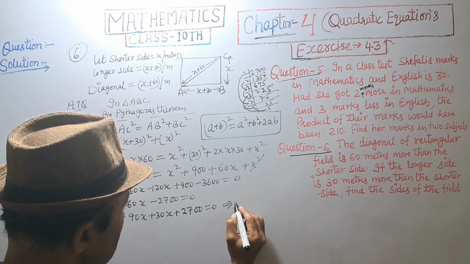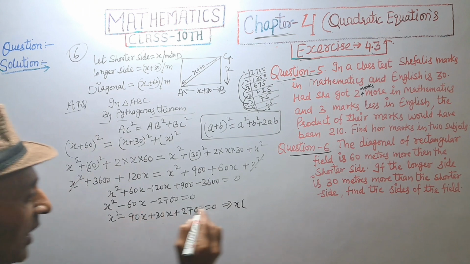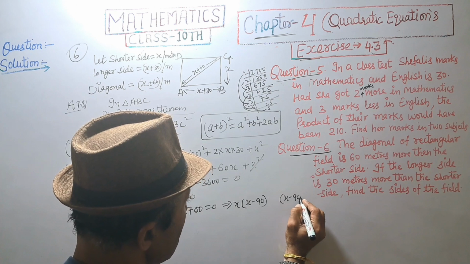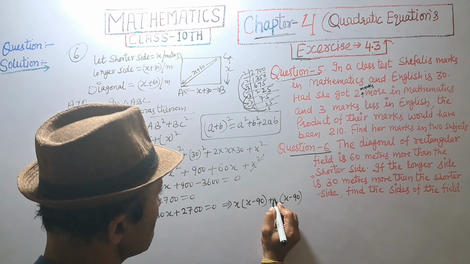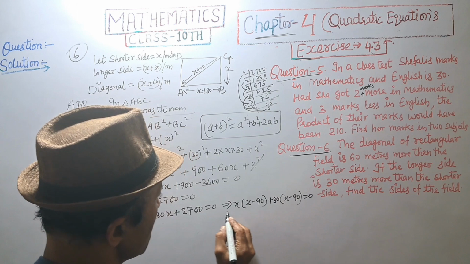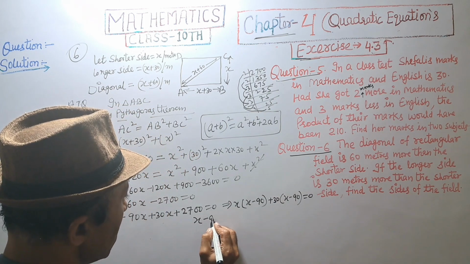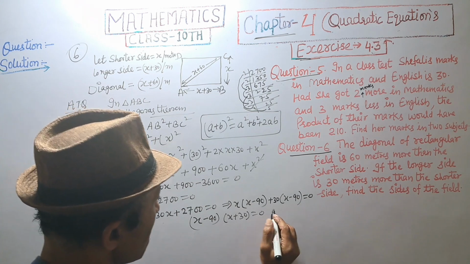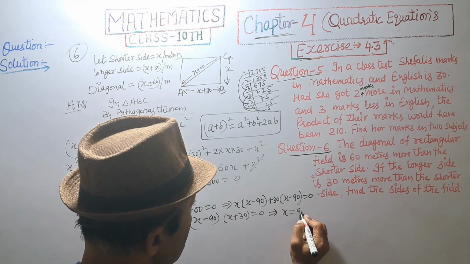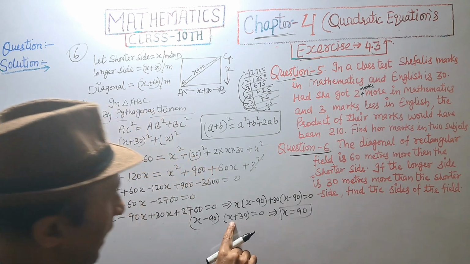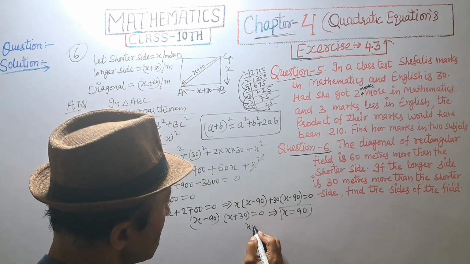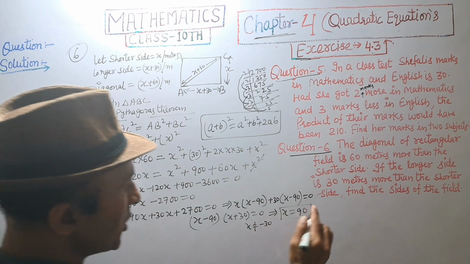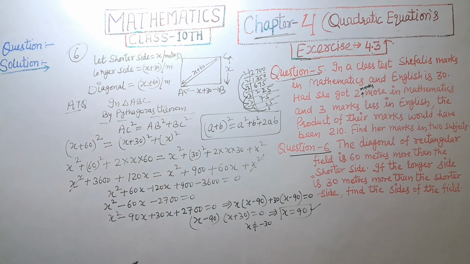This implies x is taken common in the bracket x minus 90, and plus 30 is common, so (x minus 90)(x plus 30) is equal to 0. This implies x is equal to positive 90, and x plus 30 equal to 0 means x is equal to negative 30. That is neglected, and x is equal to 90, the positive value.